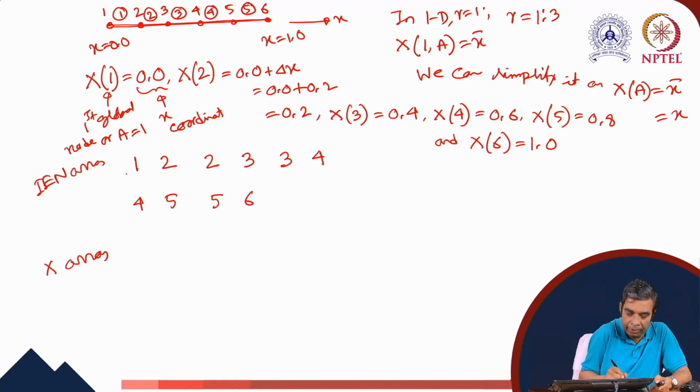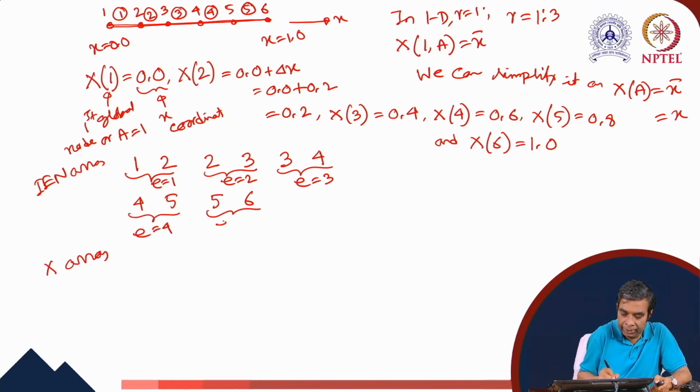Here these are the IN data for the elements. This is for the first element, this is for the second element, this is for the third element, this is for the fourth element, and this is for the last element, the fifth element.